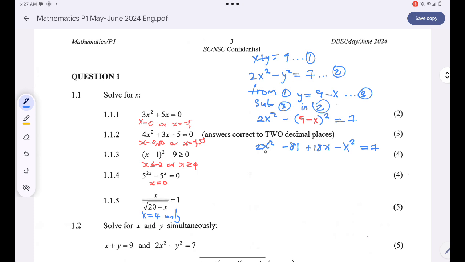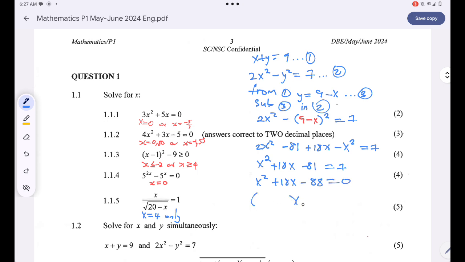And then I simply have 2x squared minus x squared, that's basically x squared plus 18x, and then I have negative 81 is equal to 7. Now all I have to do is to make sure my equation is in standard form. That's x squared plus 18x minus 88 is equal to 0.